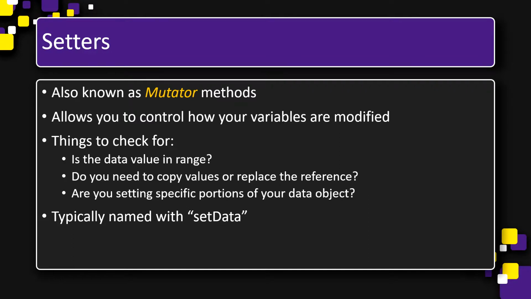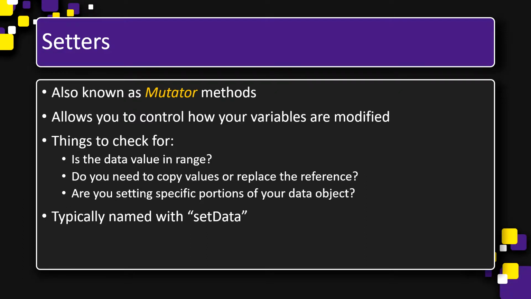And the values within that object are not easily replaced by just swapping out those references. And are you setting specific portions of your data object? So instead of setting all of your data objects, such as with a complete reference change, you may need to set specific portions of it.